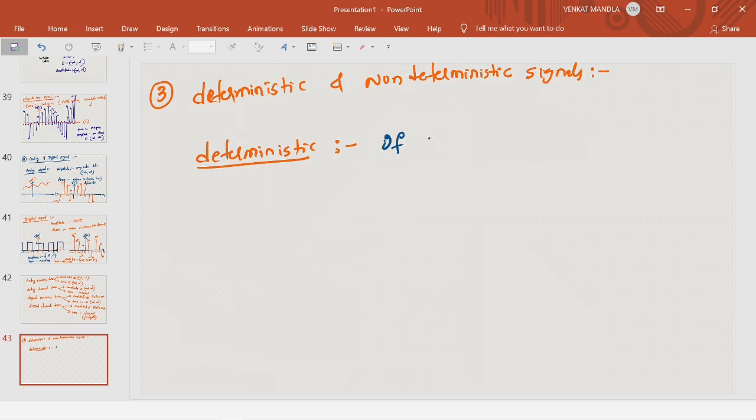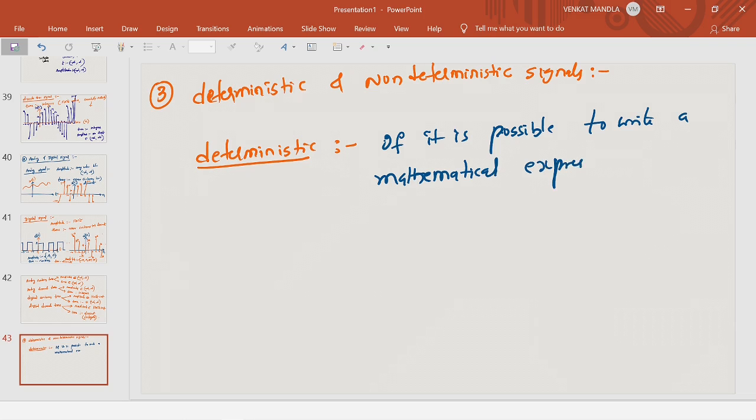If it is possible to write a mathematical expression for a signal, then that signal is called a deterministic signal.